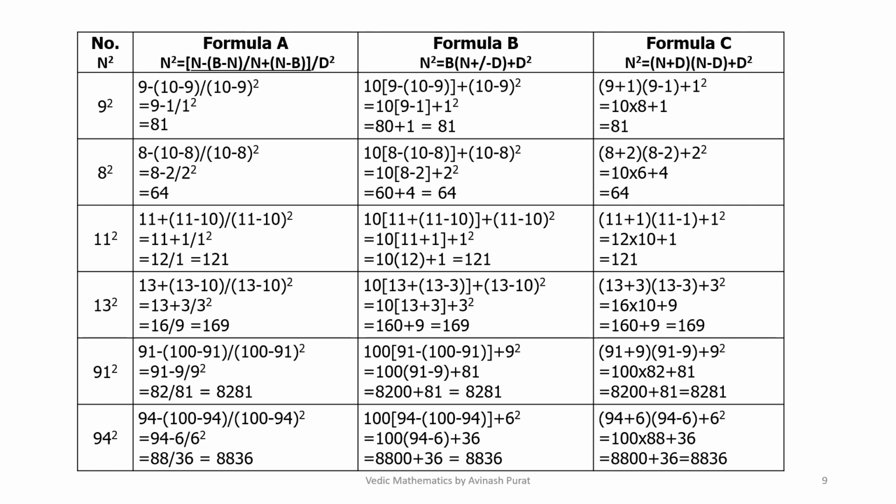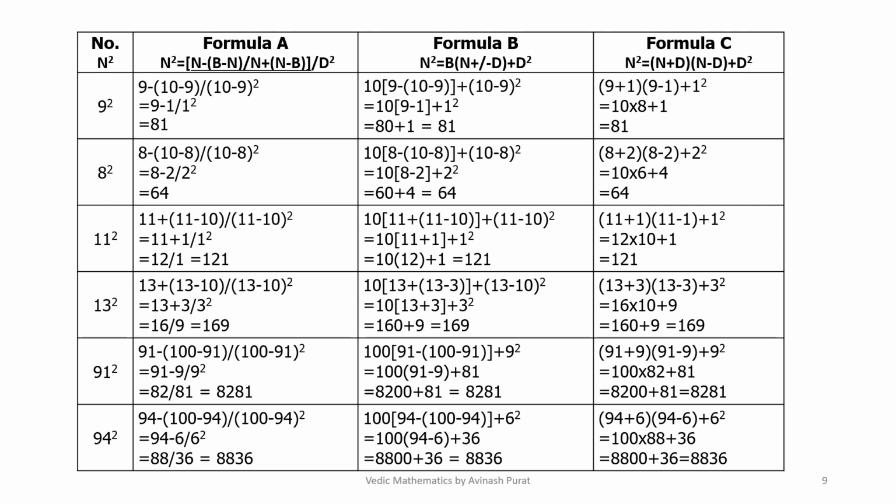Second formula: 10 multiplied by (9 minus (10 minus 9)) plus (10 minus 9) squared equals 10 multiplied by (9 minus 1) plus 1 squared equals 80 plus 1, that is 81. Third formula gives (9 plus 1) multiplied by (9 minus 1) plus 1 squared equals 10 into 8 plus 1, that is 81.